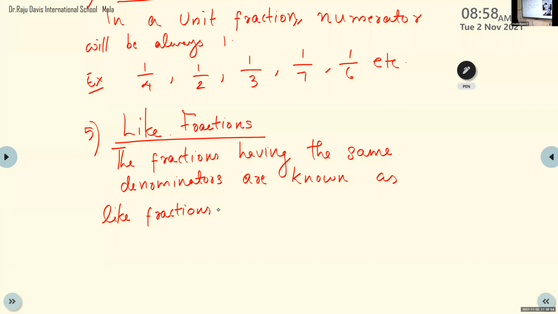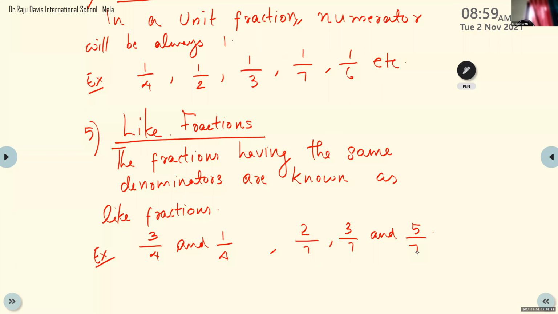Unlike fractions are those which have different denominators. Example, 3 by 4 and 1 by 4, 2 by 7, 3 by 7 and 5 by 7. Then the opposite, unlike fractions.